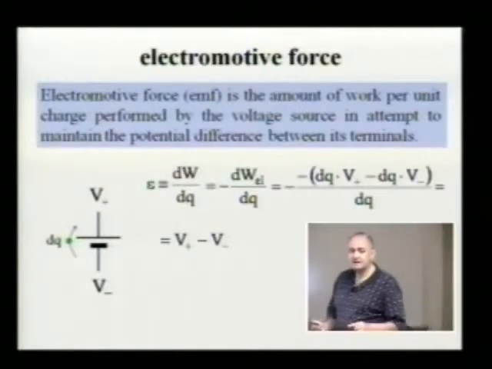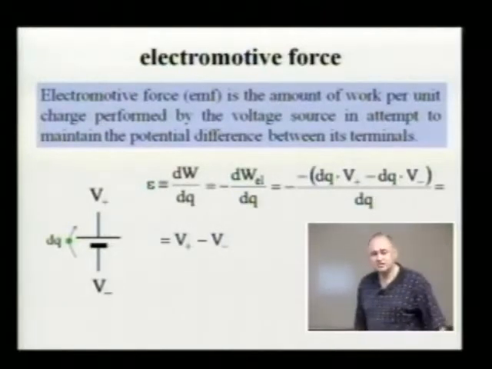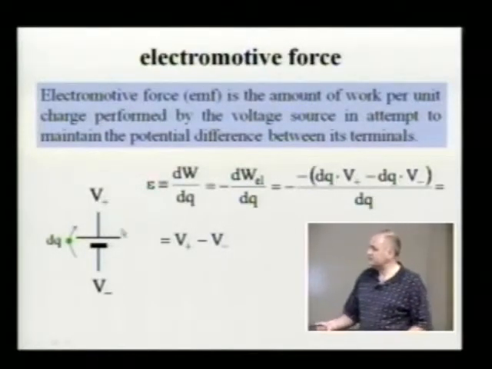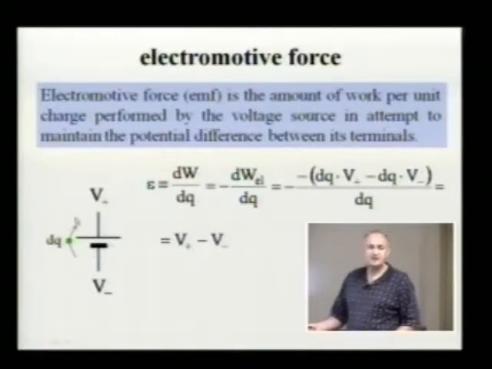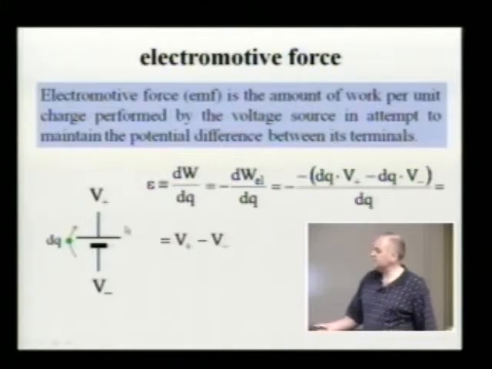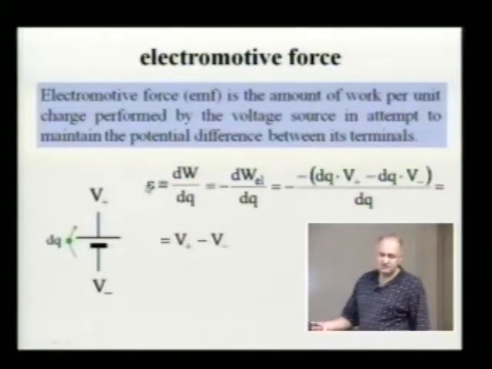So actually, if the work is used only to increase, or to maintain, potential difference between the terminals of a battery, then electromotive force is equal to potential difference between the terminals of that source.